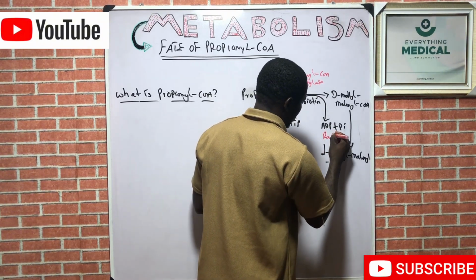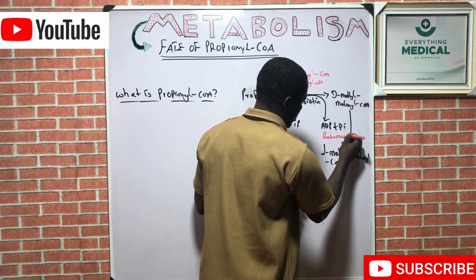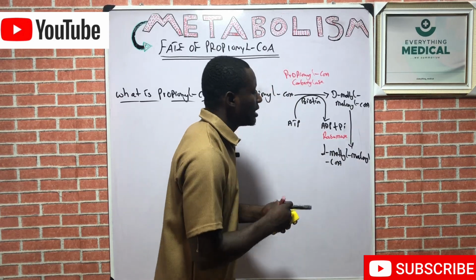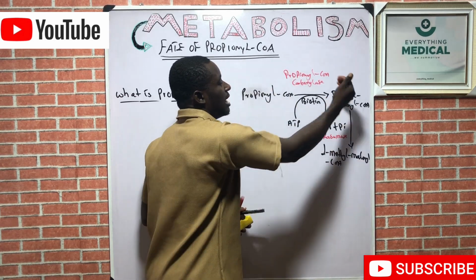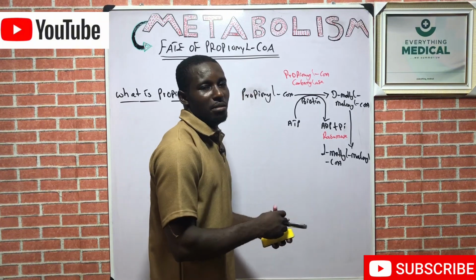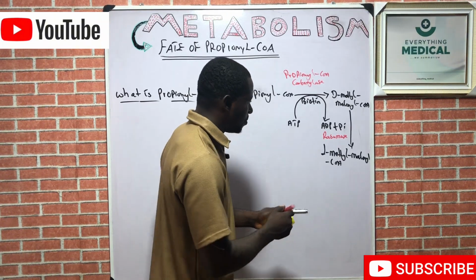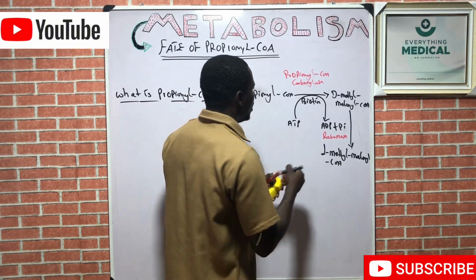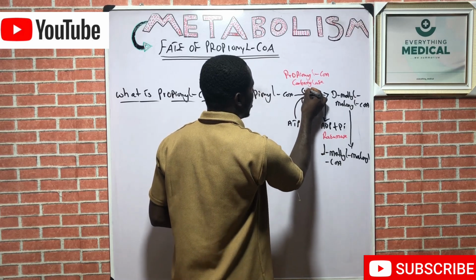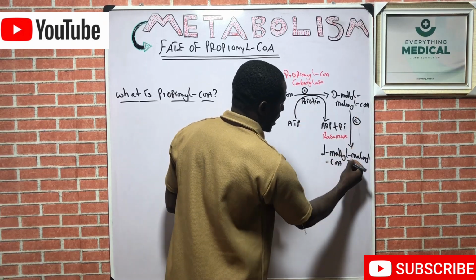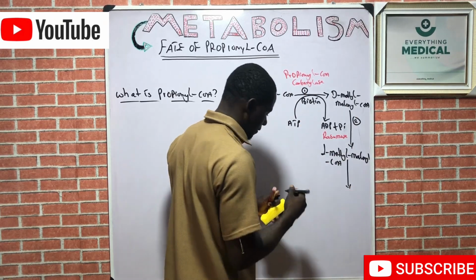The racemase enzyme is the enzyme that converts D-methylmalonyl-CoA to L-methylmalonyl-CoA. This is step 2. Here is step 1. Here is step 2. Now step 3 goes this way.